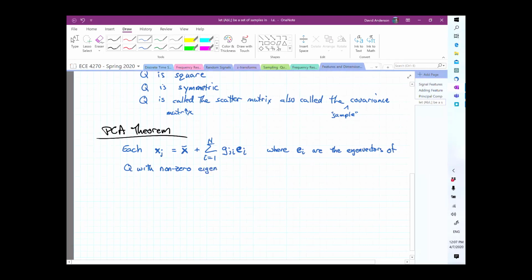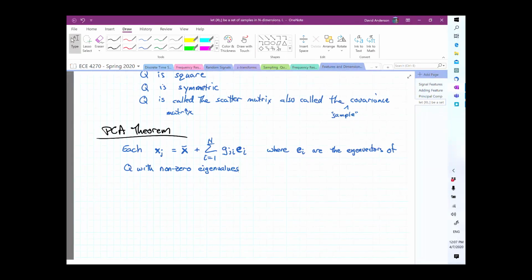In practice, it's very rare to have anything with real signals have zero eigenvalues. For that to be the case, you would have to have a noise-free duplication of some feature someplace. But we put that in there just because it is necessary for completeness.